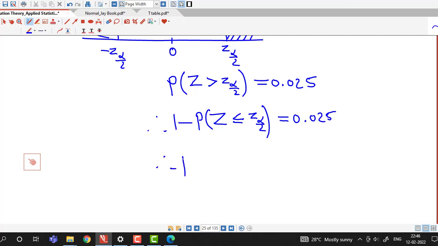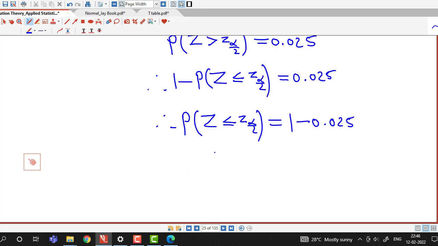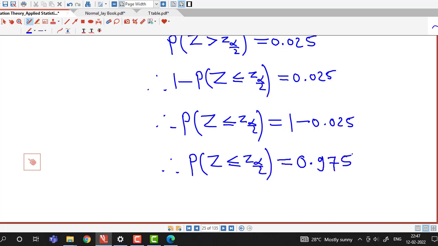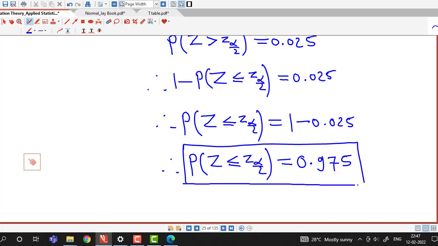That means the probability that capital Z is less than or equal to z alpha by 2 is 1 minus 0.025, which is 0.975. So in the standard normal table we have to search for the value of z alpha by 2 for which the area under the normal curve is 0.975.